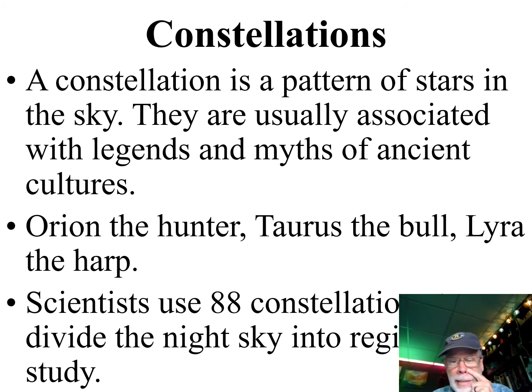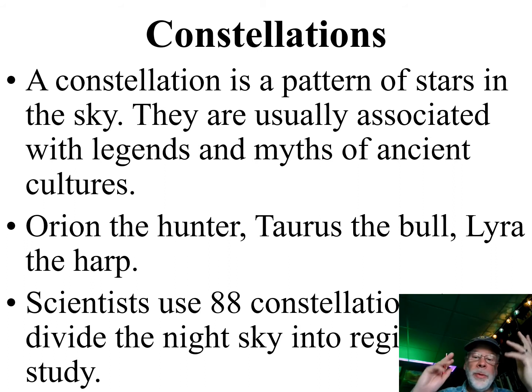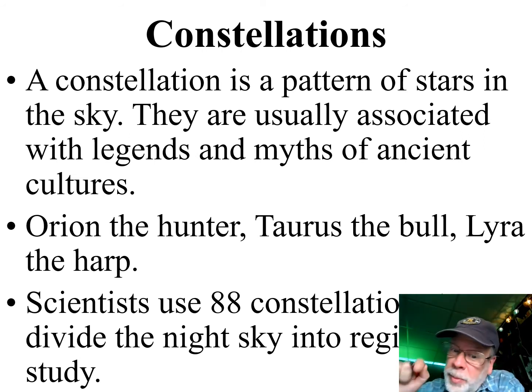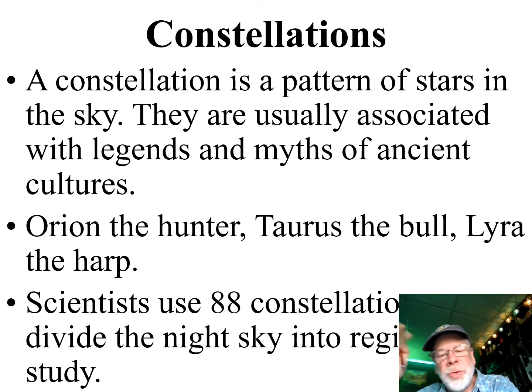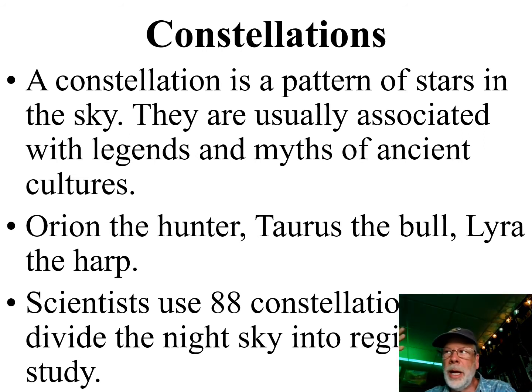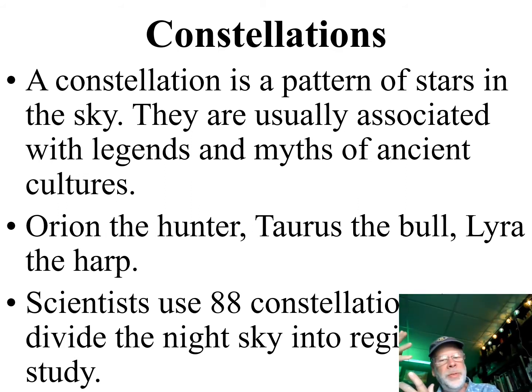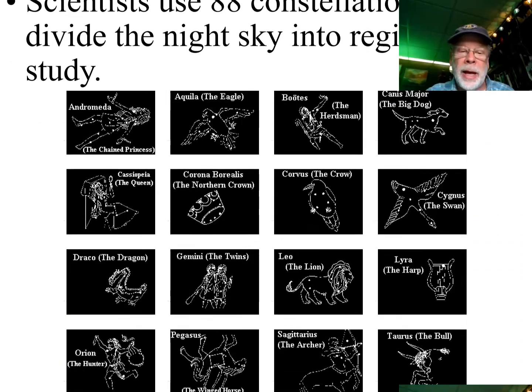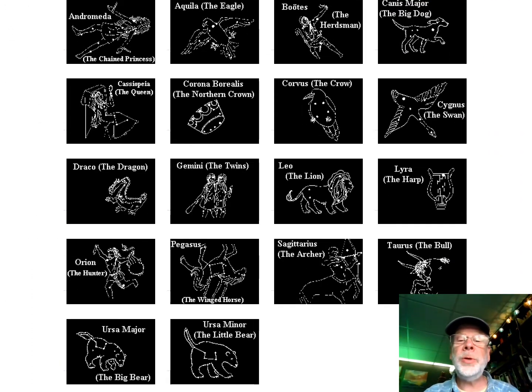We use 88 constellations to divide up the sky into regions so we could say, hey, there was a supernova in Taurus. And astronomers will know somewhere in that region of the sky, there's probably a distant galaxy that had a supernova occur. So it's not that it had anything to do with the stars that we use to make up the constellation Taurus. It's just that region of the sky. Right, so some of the constellations we use, at least our culture has inherited.